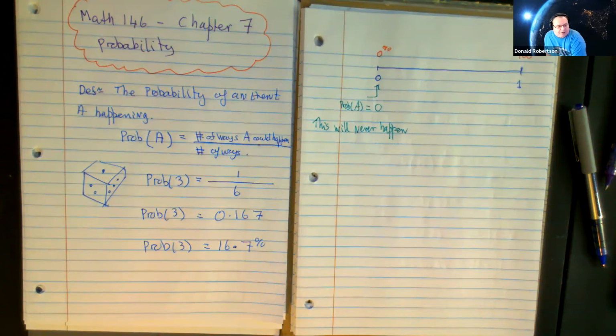I'm trying to think of something silly that would never happen. The probability that every politician in America tells the truth is 0. That's never going to happen. The probability that I win the lottery tomorrow is 0.